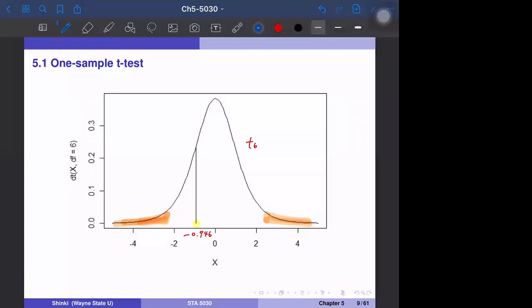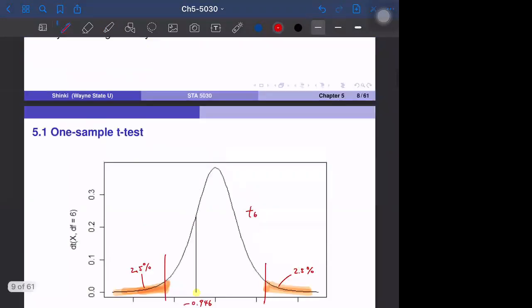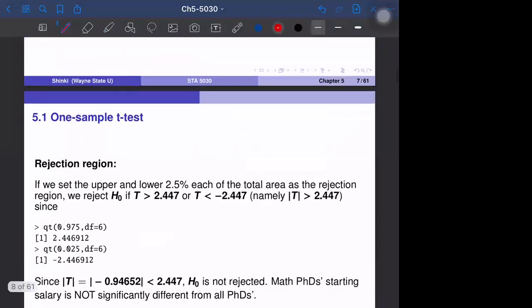To be exact, if the t-statistic falls in the lower 2.5% or upper 2.5%, then we want to reject H naught, and otherwise we will accept. So how do we calculate this threshold value? That is in the next slide.